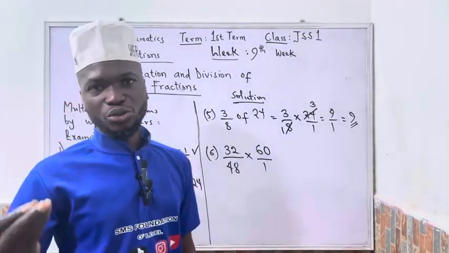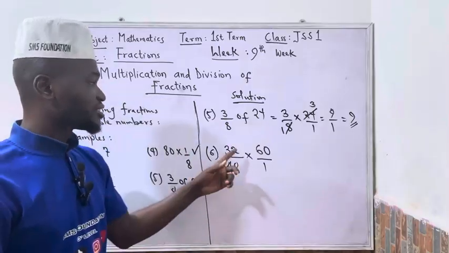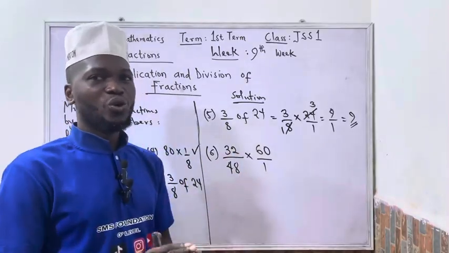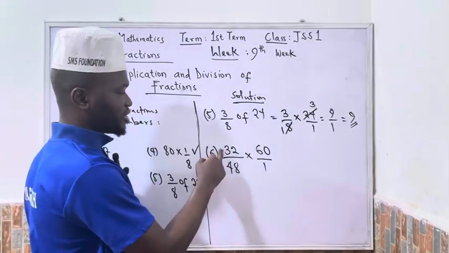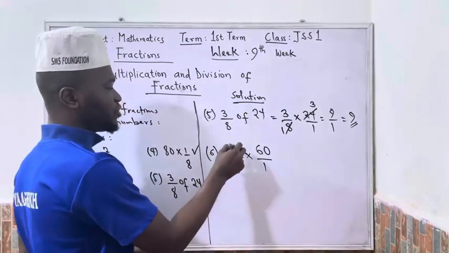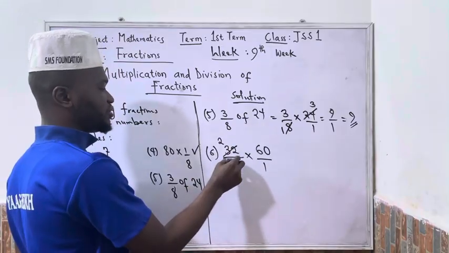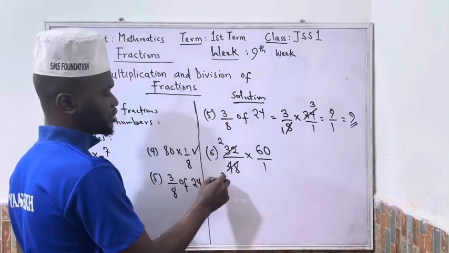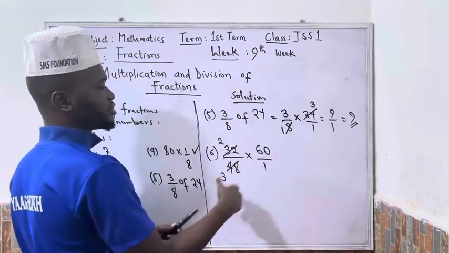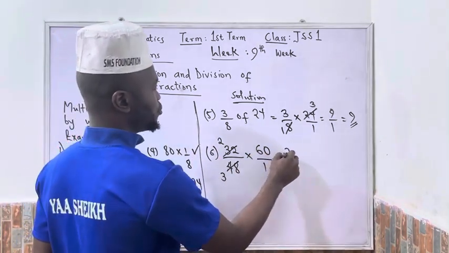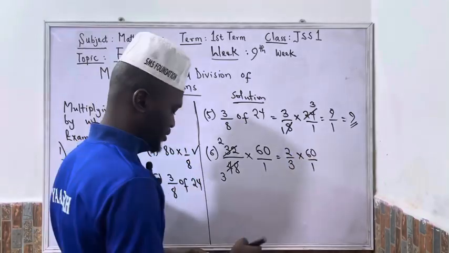You can decide to use something as simple as 2, but make your work neat. But with what I am saying, 16 can go. If I divide it by 16, this will give me just 2. And if I divide it by 16, this will give me 3. That means the new fraction will be 2 over 3 times 60 over 1.